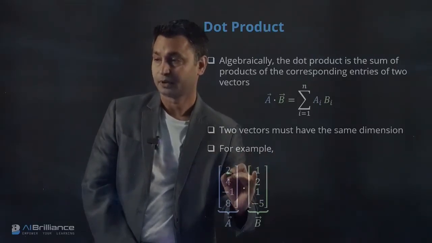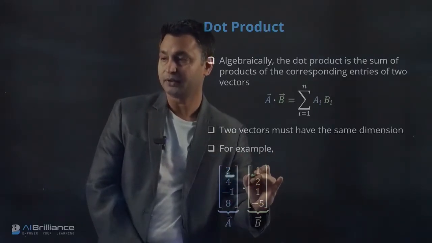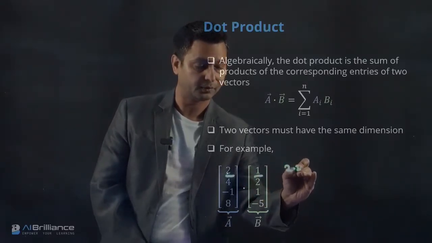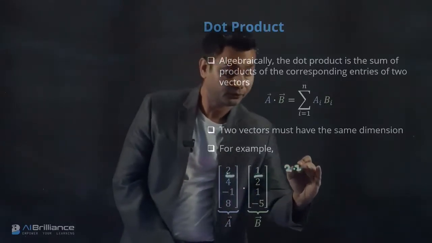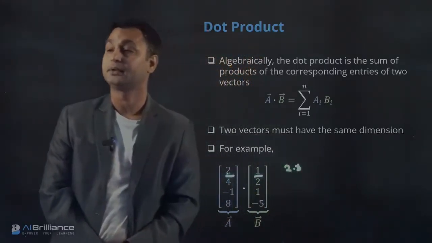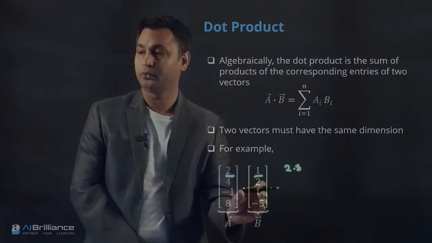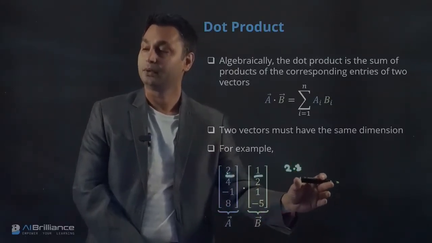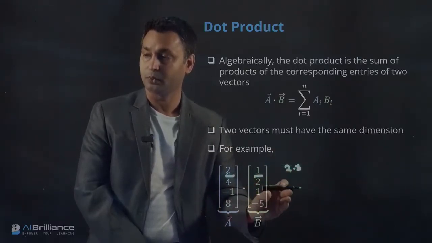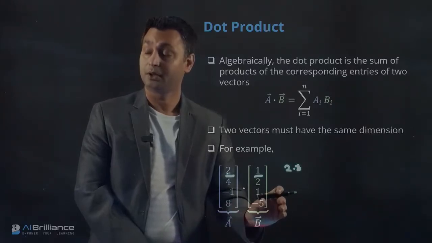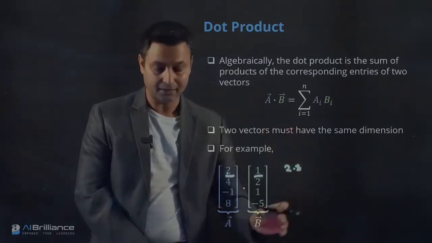If I take this 2 and this 1 and multiply them, that will be the first element that we want to compute. Then we take 4 and 2, and that will be 8. Similarly we take minus 1 and 1, multiply them, that is going to be minus 1. We take 8 and 5, multiply them, that will be minus 40, and we add them together.